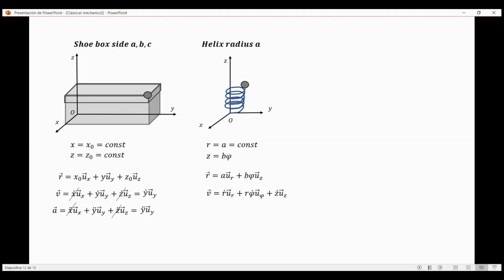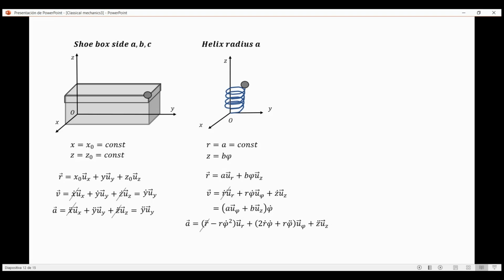The velocity we derive in time. We take the expression of that sheet of paper I commented before. R dot in this case is 0 because r is constant. And if we just substitute z dot by b phi dot, then we've got this a phi dot u sub phi plus b u sub z multiplied by phi dot. And the acceleration, we take it from that sheet of paper, and we just adjust according to the situation we have.